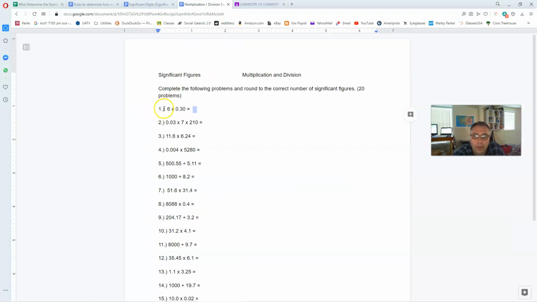Well, we have to go back and take a look at these two numbers, a 6 and a 0.30. How many sig digs are in each of these numbers? Right? Obviously, the 6 here is one significant digit. How about the 0.30?